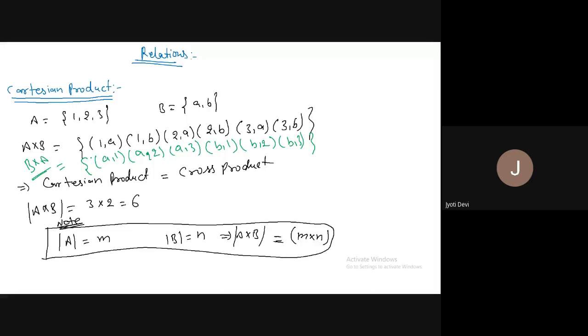As you compare the order of the elements, the order of this set is different and the order of this set is different. Both are different things. Please don't get confused.